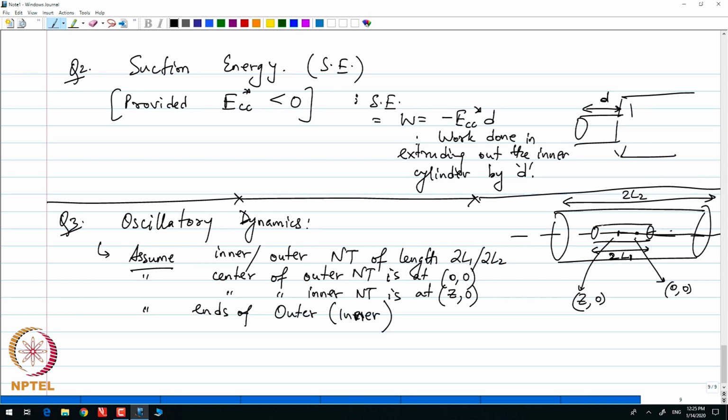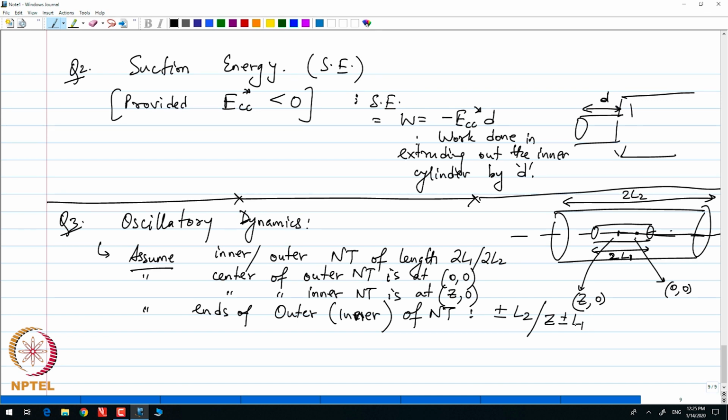Notice that the outer cylinder is of length 2L. So, the ends of the outer nanotube are at plus minus L2, and my inner cylinder has ends at z plus minus L1. My outer cylinder is of length L2 and my inner cylinder is of length z plus minus L1.